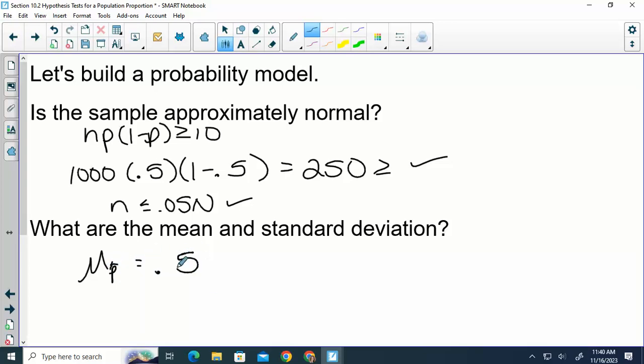Just the 0.5. The 0.534 is our p-hat that we're going to use later. So our standard deviation is the square root of p times 1 minus p over n.